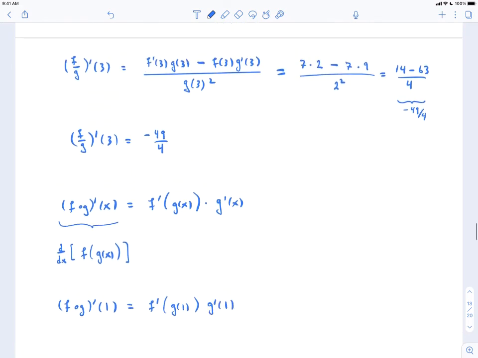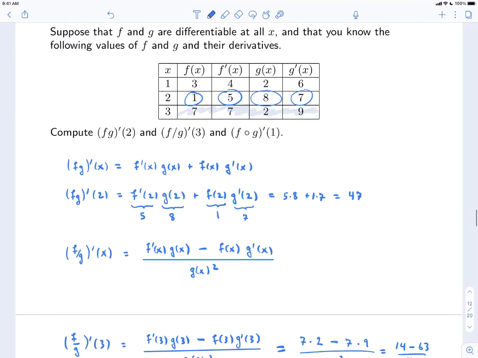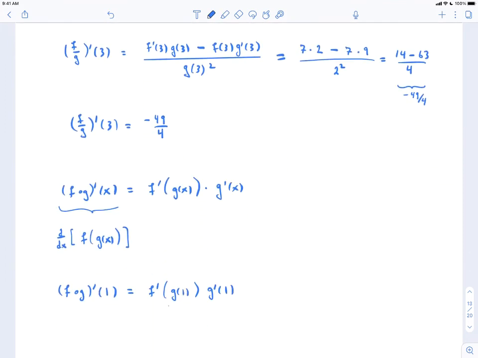So that's going to give us f prime at g of 1 times g prime at 1. So we need to know what g and g prime are at 1. So we come back to our table. So g at 1 is 2 and g prime at 1 is 6. So this becomes f prime at 2 times 6.